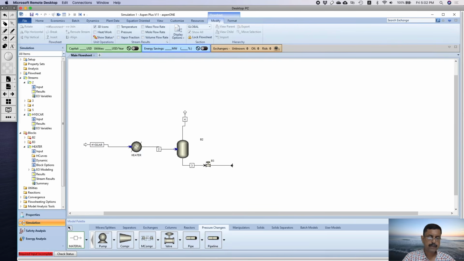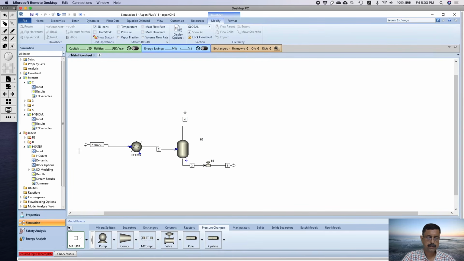Now we have to specify. Already 2 is specified as it is the heater output, but the flash and the valve we have to rename first.